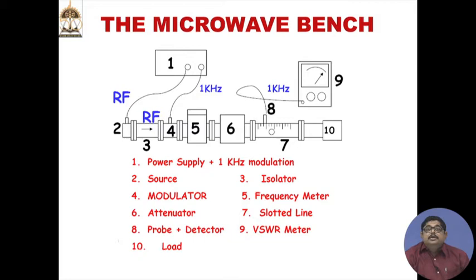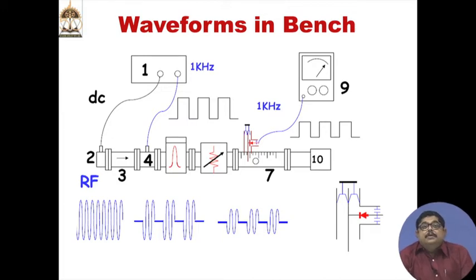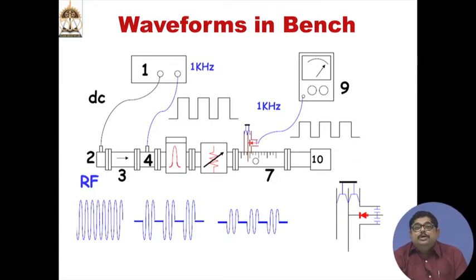So, here we have shown which are the RF sections, where is the 1 kilohertz part, and you see the waveforms. So, you have the RF coming from the Klystron at the right. Then after modulation, that same RF waveform looks like the next one. You see that it is having some on off modulation of frequency 1 kilohertz.